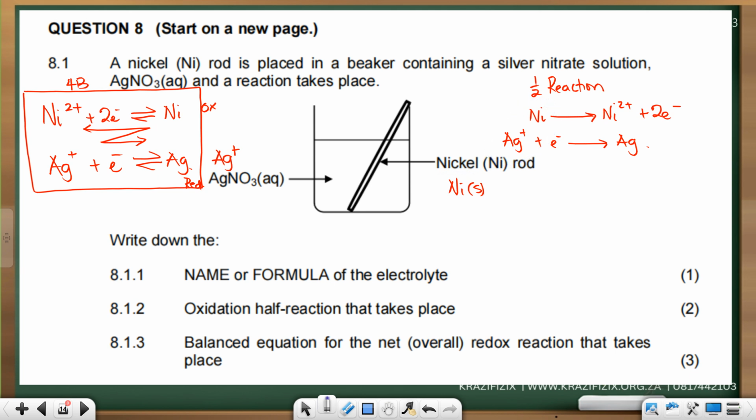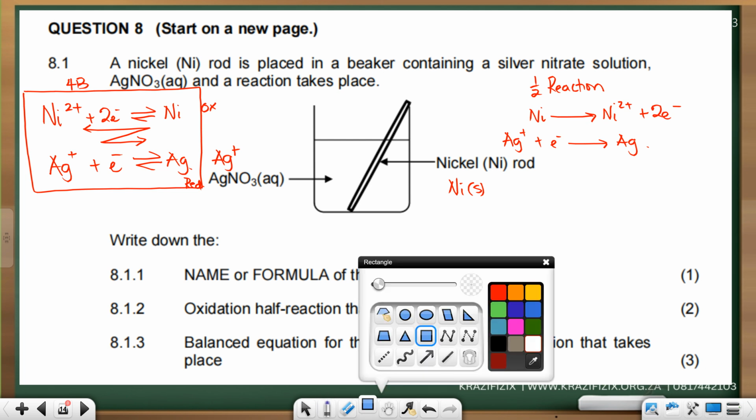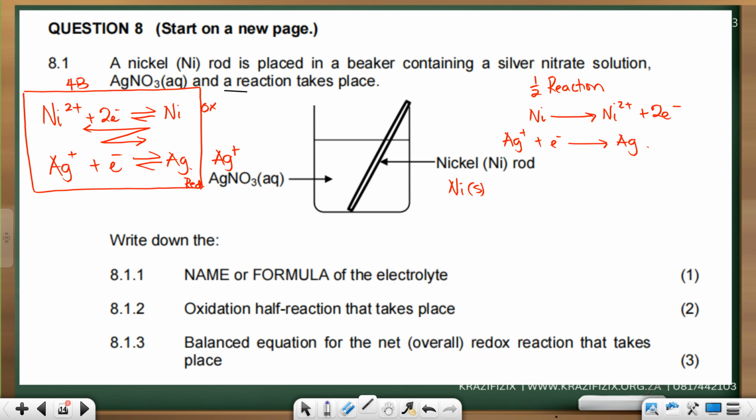Here they're not asking for safety. They're not asking for the question. No, we're just answering now. That's why, if you listen to what I said, the examiner gave you a statement and I just proved it. The examiner said, and a reaction does what? Takes place.